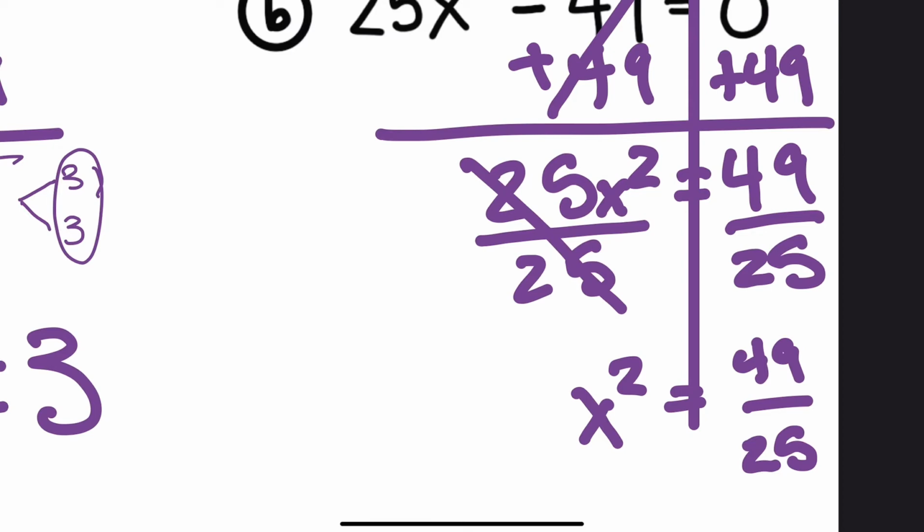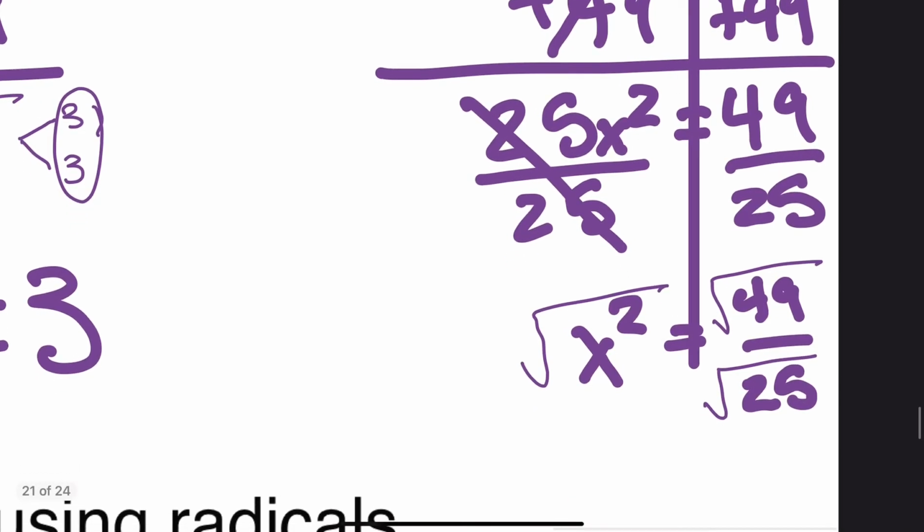All right, step number 2 is going to be to use my square root so that I can get rid of that squared. When I square root the other side, I am not going to do a giant square root. I'm going to do 2 little ones, one on the top and one on the bottom. So then once I do that, I'm going to end up with an x. I'm going to find the square root of 49.